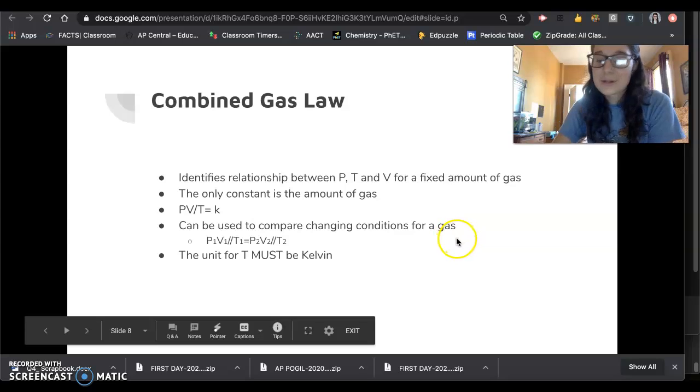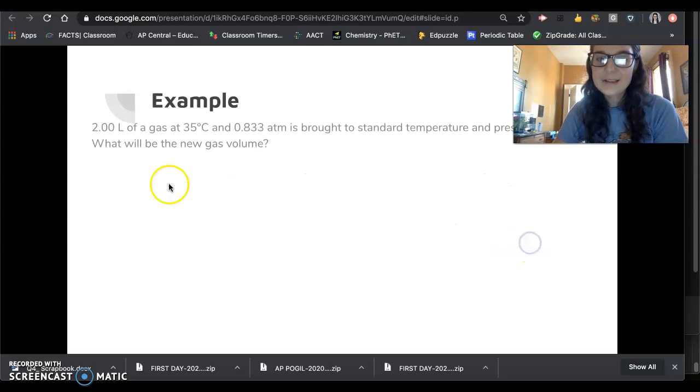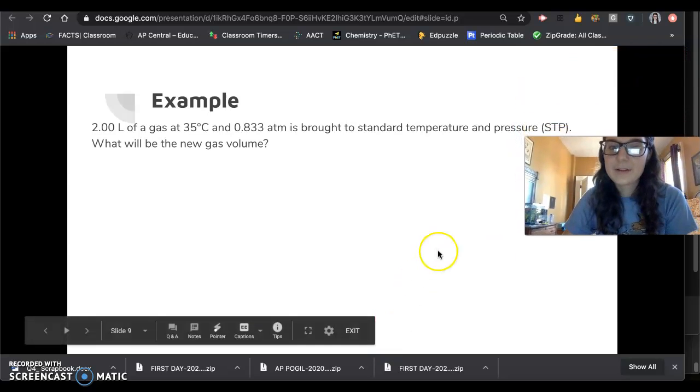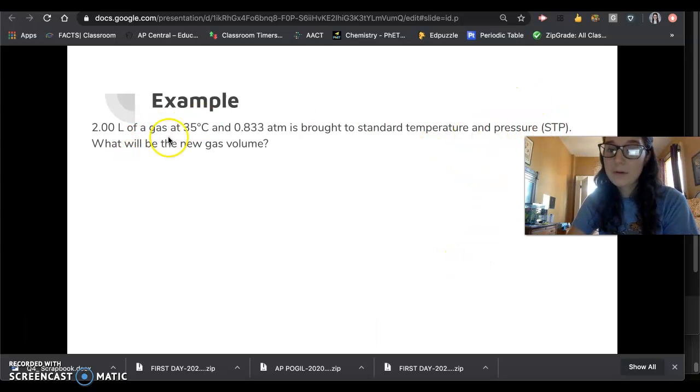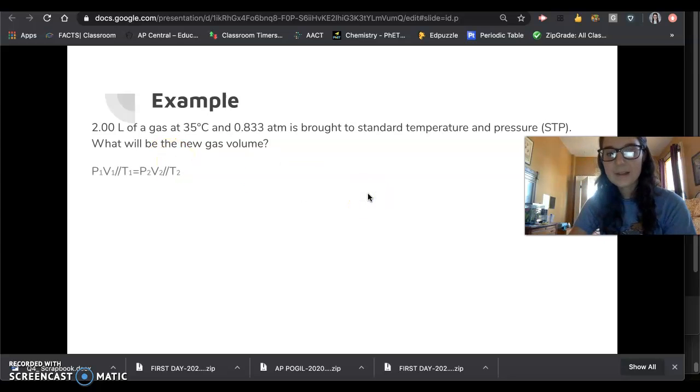Once more, temperature has to be in Kelvin. Pressure and volume, as long as you're consistent, could hypothetically be anything. So here we have 2 liters of gas at 35 Celsius and 0.833 atmospheres, and we bring it to standard temperature and pressure. And we want to know what the new gas volume will be. So here's our combined gas law.